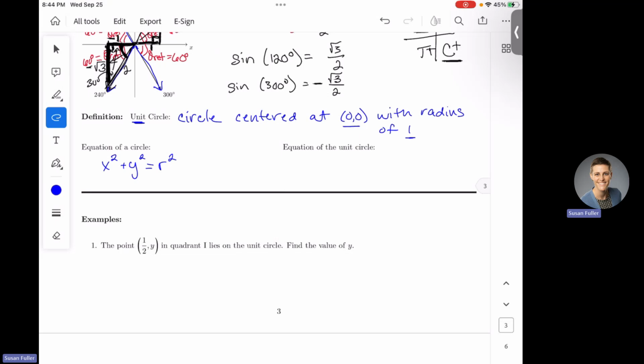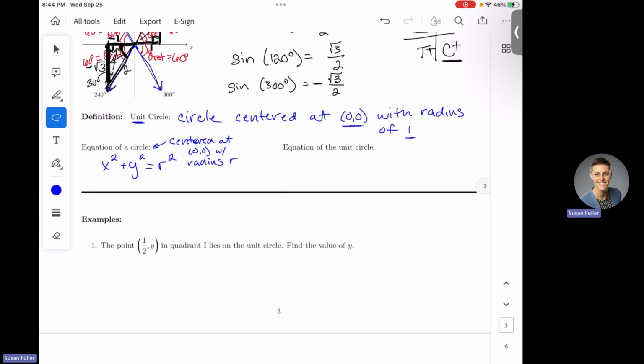And again, this equation assumes that our circle is centered at 0, 0, so it simplifies a little bit. But this is an equation of a circle centered at the origin with radius r. So specifically, this is centered at 0, 0 with a radius of r.